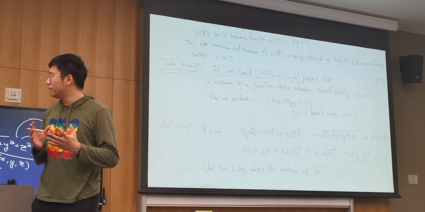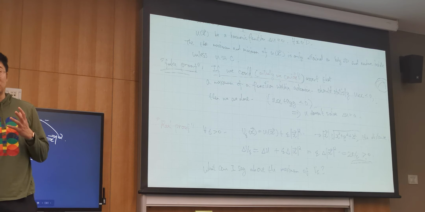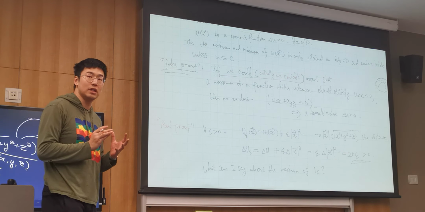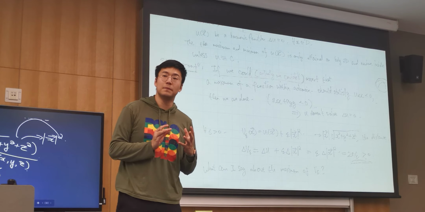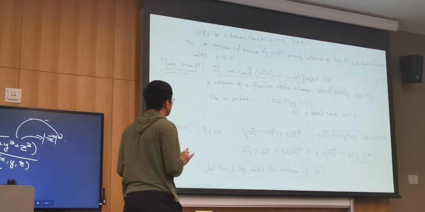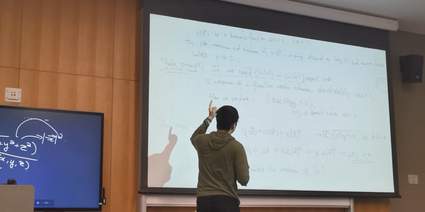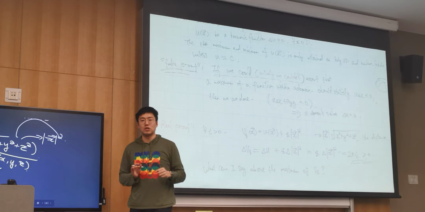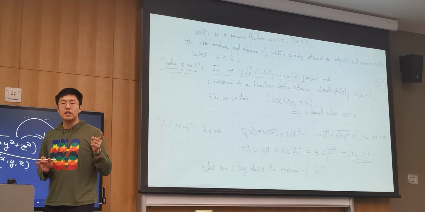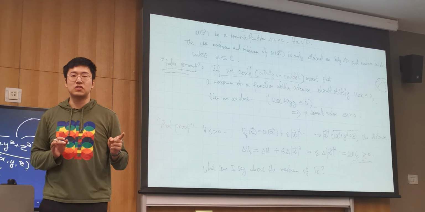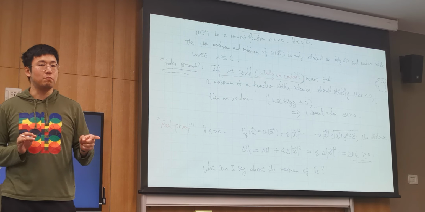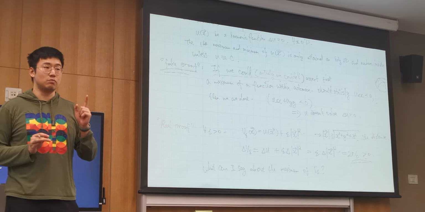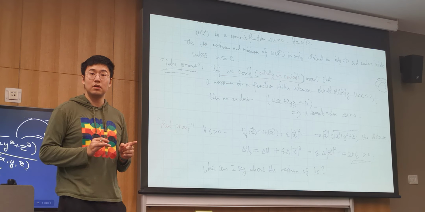Can the maximum of v epsilon be attained inside the domain D? Is that possible? We have just argued that for any interior maximum, its Laplace should be smaller than or equal to 0.